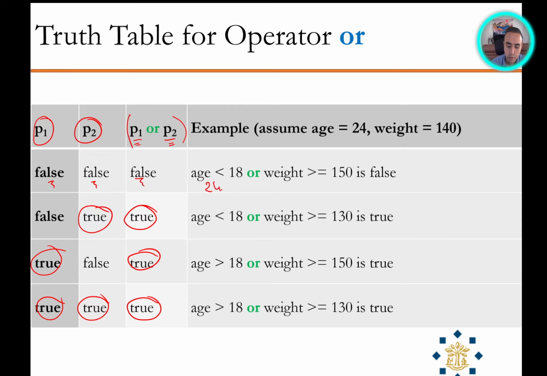So here 24 less than 18 is false. 140 greater than or equal to 150, no, this is false. A false or a false makes it false. Otherwise, false or true is true, true or false is true, and true or true is obviously true, okay? So if you see an OR, just one true is sufficient.